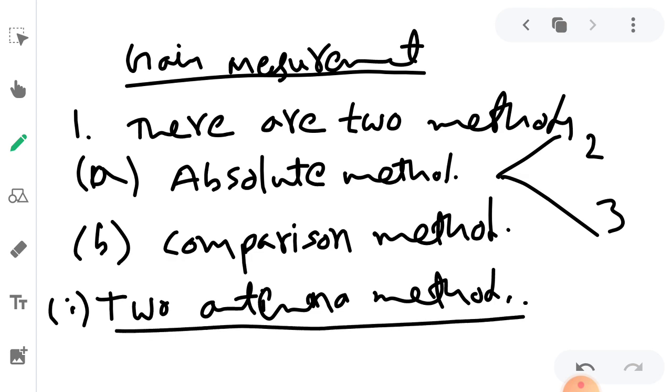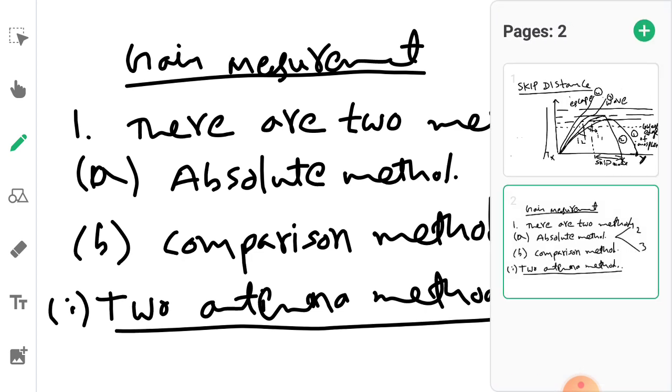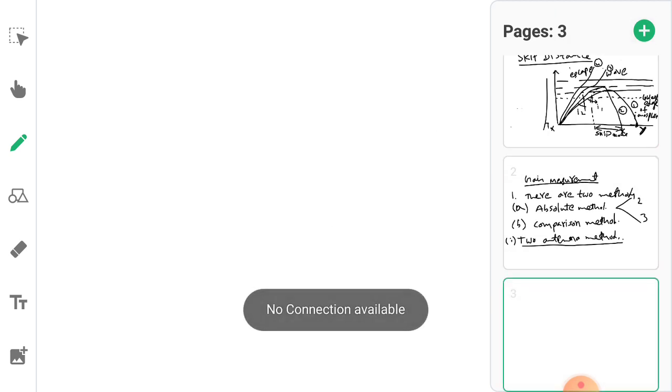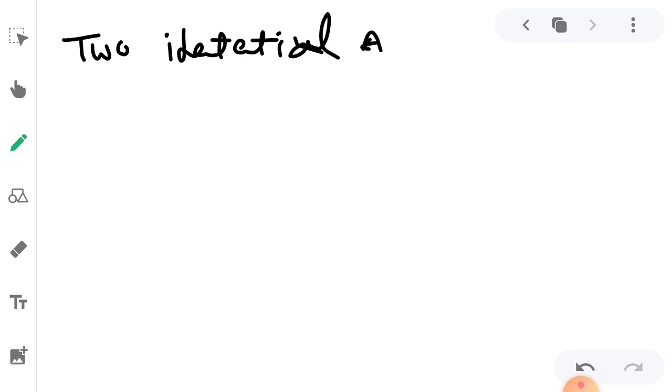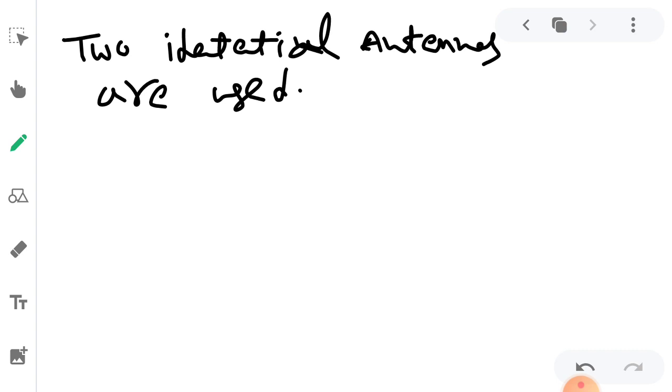For finding the gain of an antenna, whose gain is unknown, two identical antennas are used, and the Friis formula is used here.